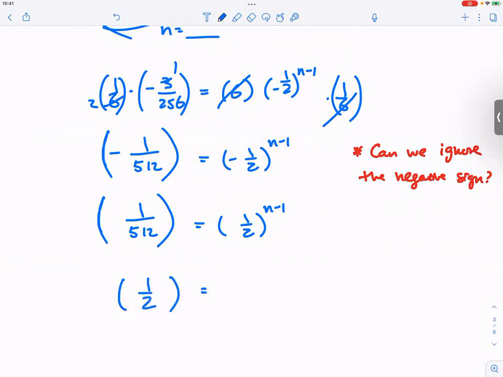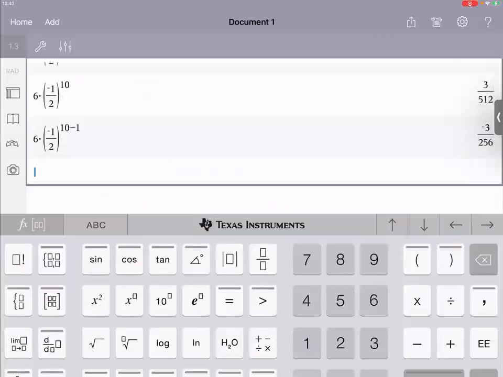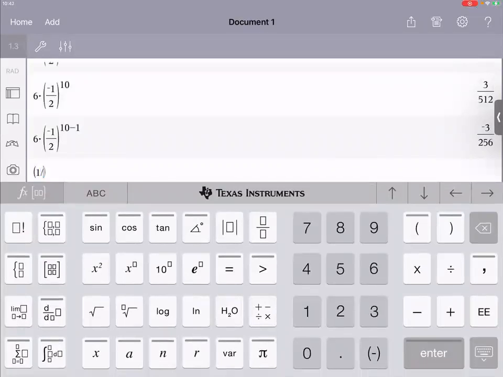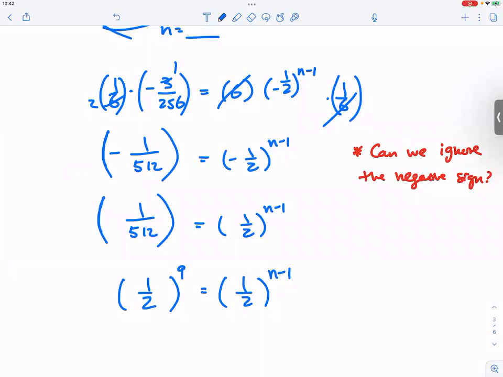So now the question is, well, 512 could be expressed as 1/2 to what power? Okay, so let's go ahead and take a quick guess and say 1/2 to the 10th power. Nope, not the 10th power. 1/2 to the 9th power. Yes, 1/2 to the 9th power, it's 512. So that is the case.